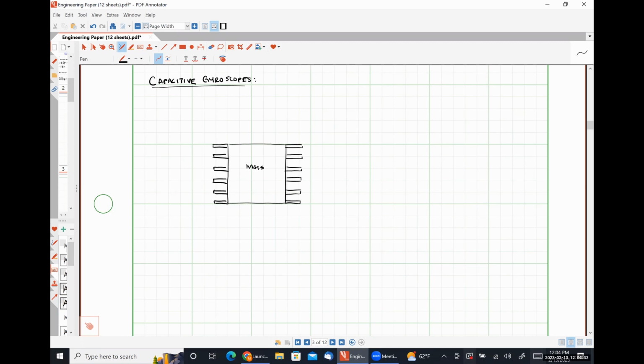And I'm going to have a similar thing on the next one that we're going to draw. I'm going to draw the drive mode things over here. And this bit is the stationary bit.